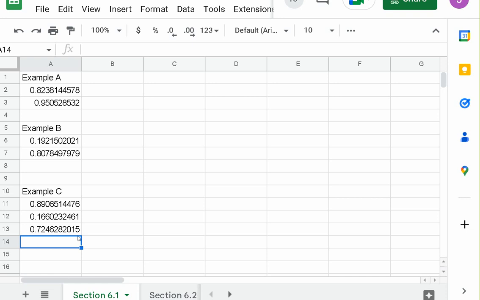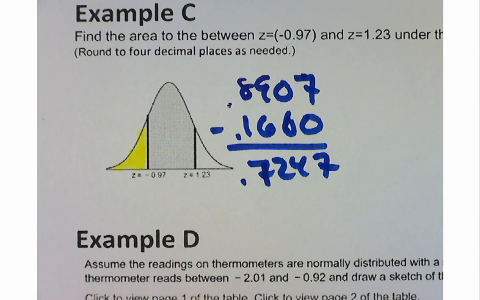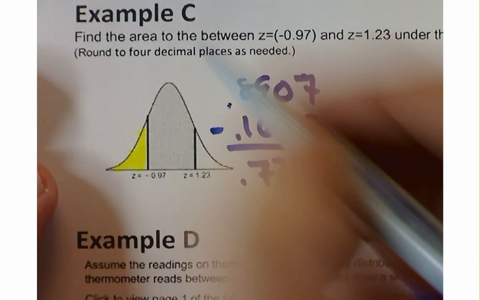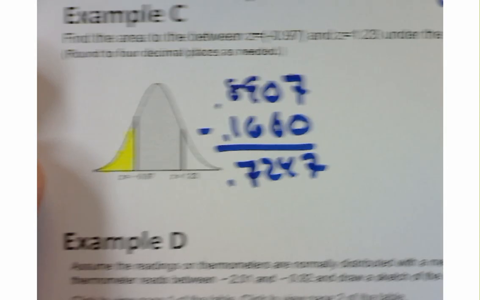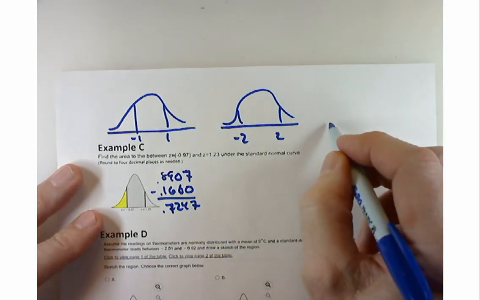Now let's repeat that example for a couple special numbers here. I want us to try and find the area underneath the normal curve between -1 and 1. And then repeat that between -2 and 2. And finally between -3 and 3. So let's see if we can't find all three of these areas.